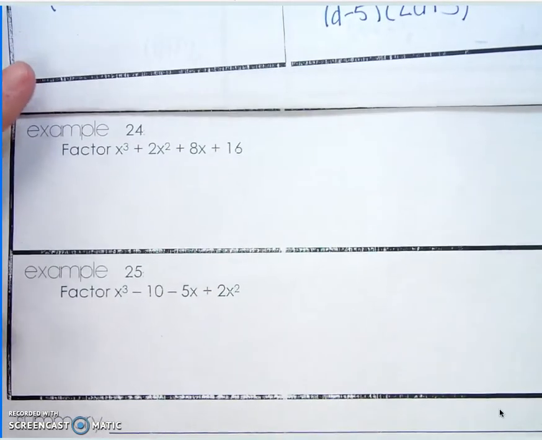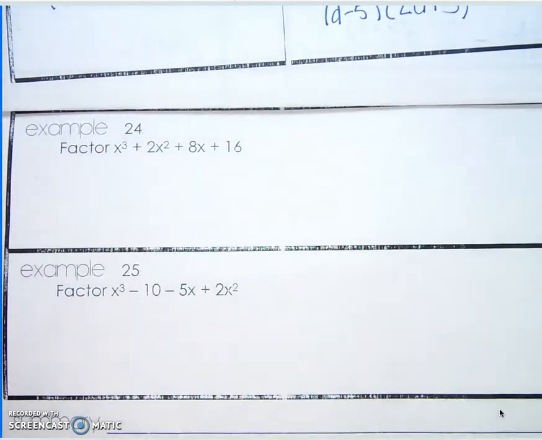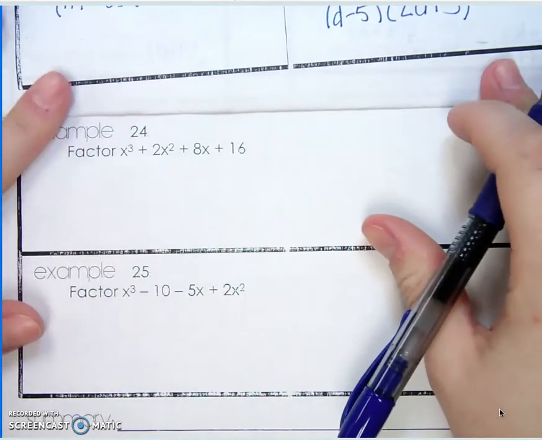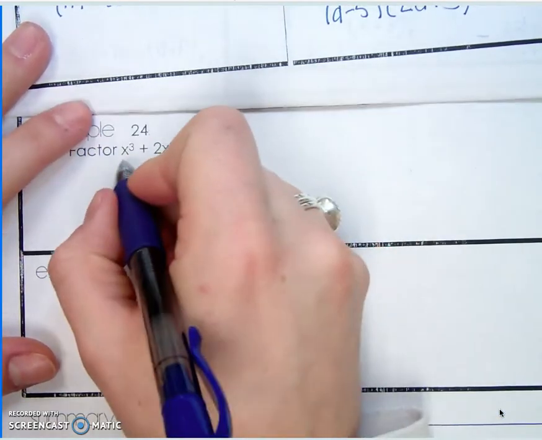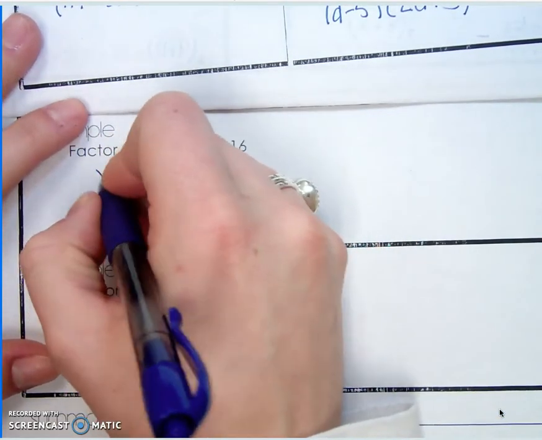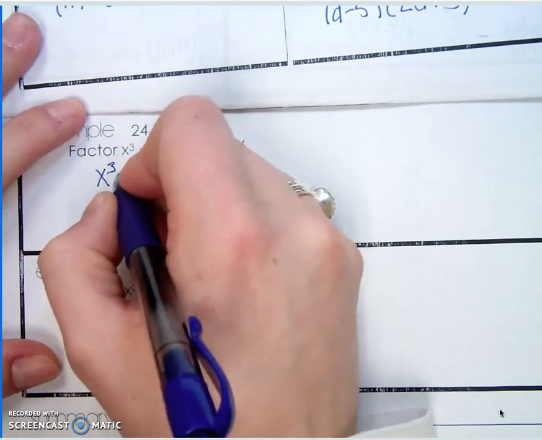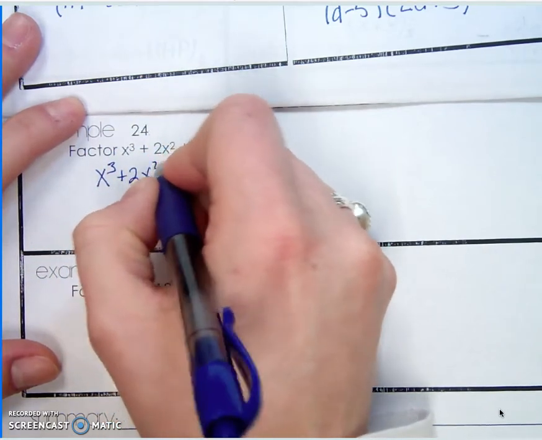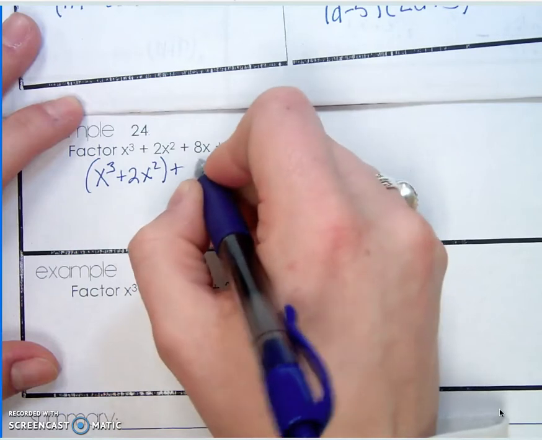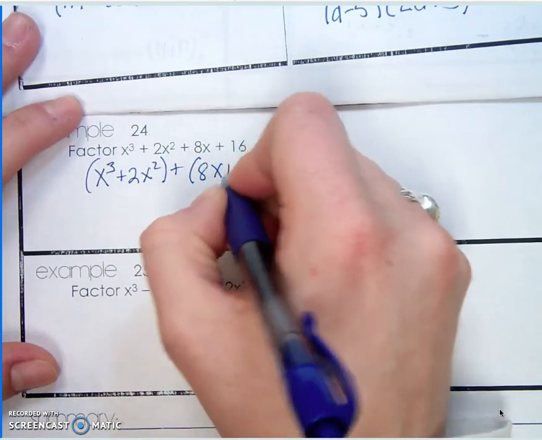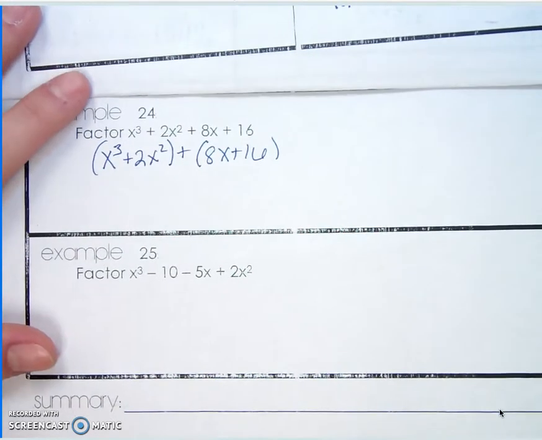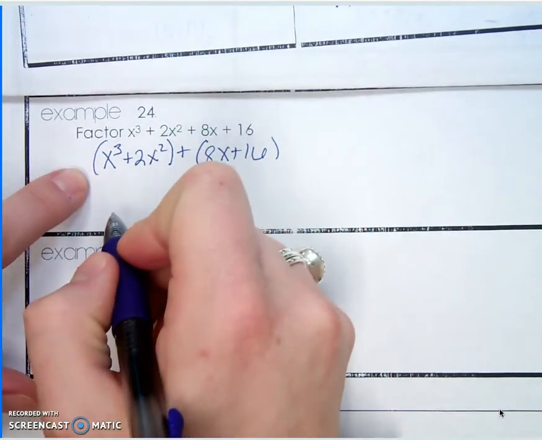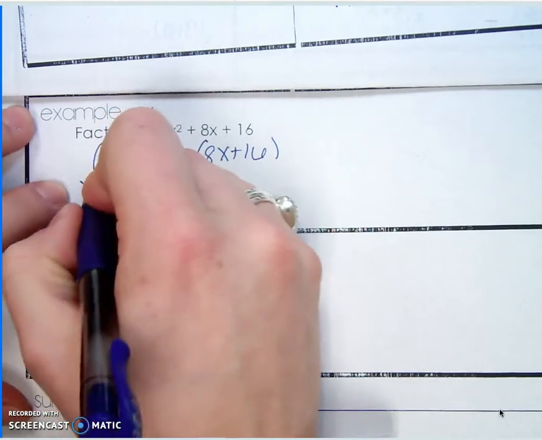24. What we're going to do is split this into 2 terms like we did in class on Friday. We're going to have our first binomial be x cubed plus 2x squared, and we're going to add it to 8x plus 16. And then I want to factor out. So what can I pull out of x cubed and 2x squared? I'm going to pull out x squared.